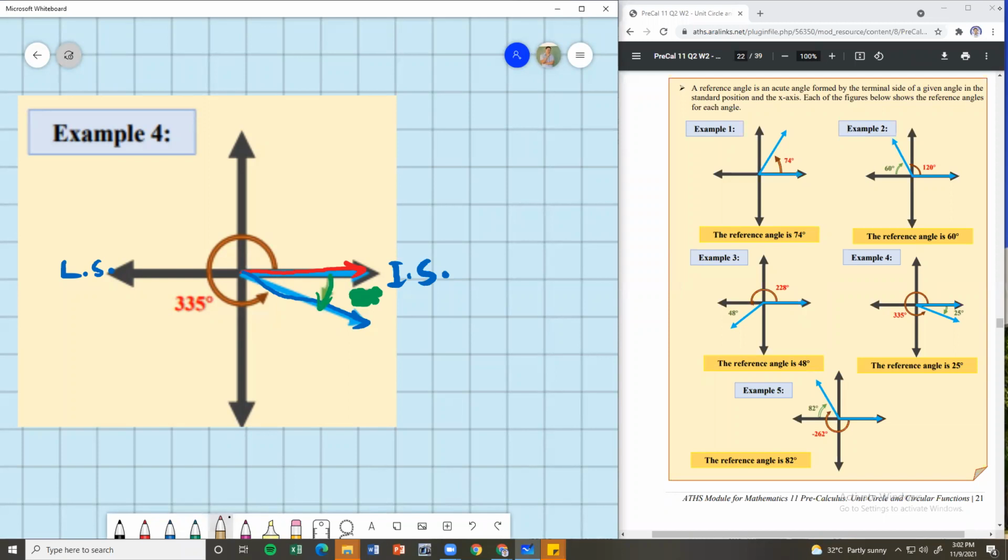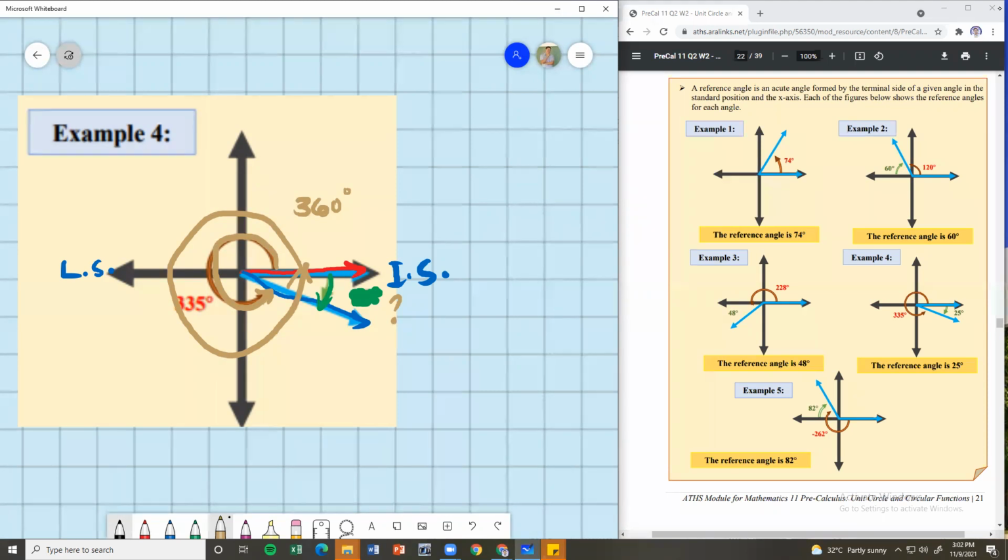The measurement from the initial side to this terminal side is 335 degrees, and one revolution is 360 degrees. What will you do to get this remaining reference angle? Very good.